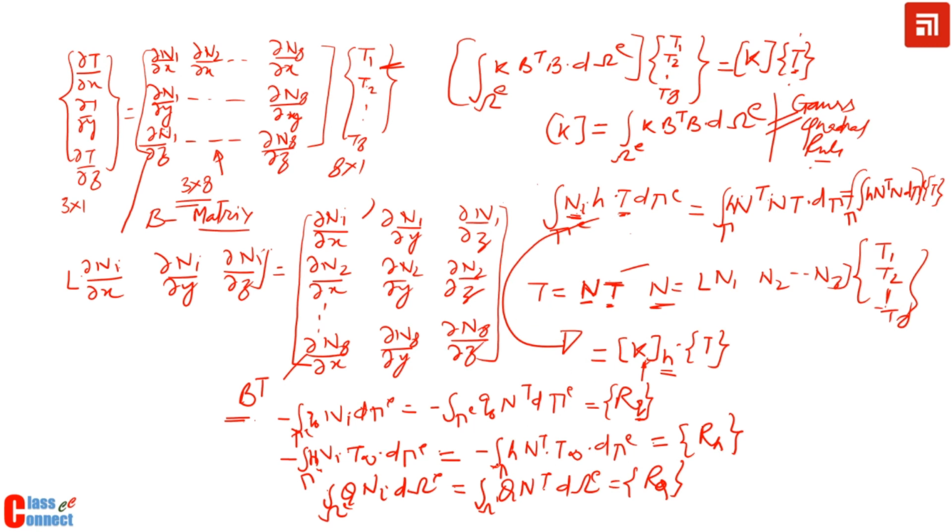So all these integrals are to be evaluated over the element. Gauss quadrature rule is the most common that is used in the finite element method for evaluating these values. So finally, for the heat conduction problem, I can write down my equation as K. I can use subscript C; some books may use this, some books may use just K. Some may not even use any C for the conductive term, but every notation is valid. So this is to be multiplied by the field variable vector.